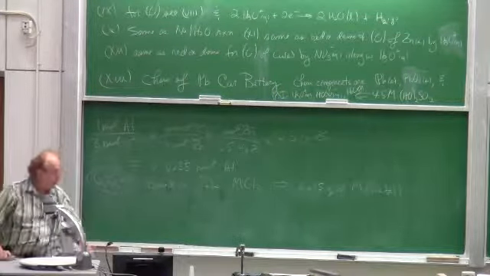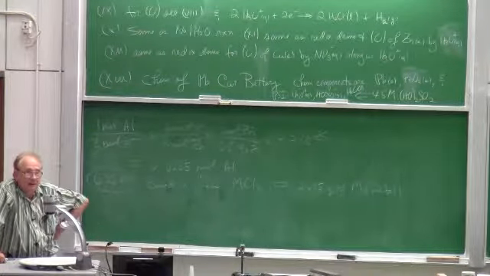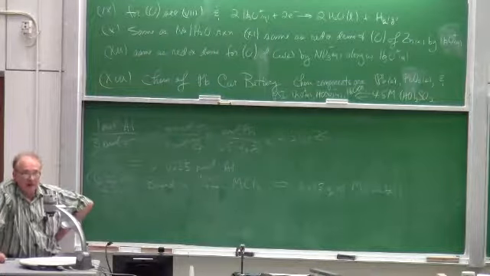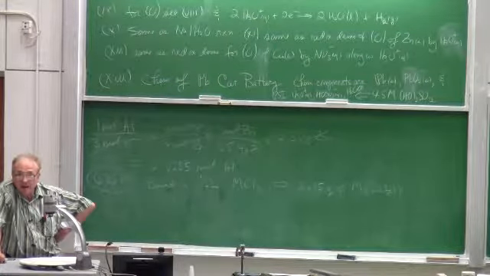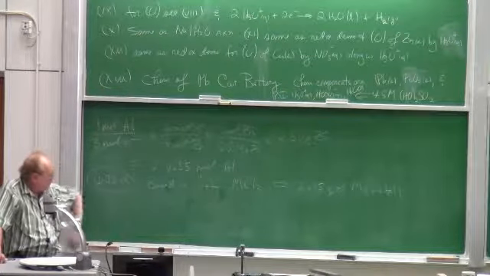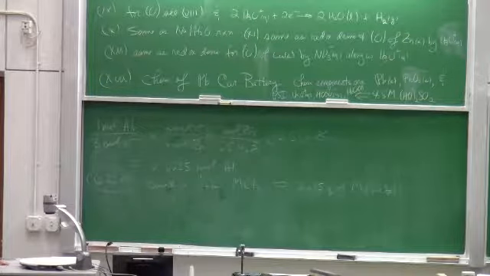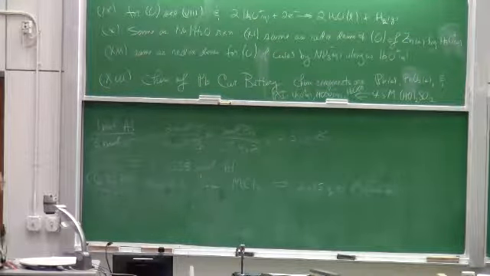Okay. At which electrode am I making the metal? What's the electrode at which reduction occurs? Cathode. Okay. For this electrolysis system, what am I making at the anode? Metal solid.